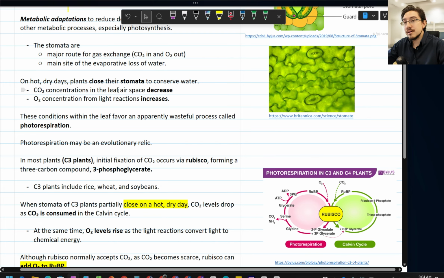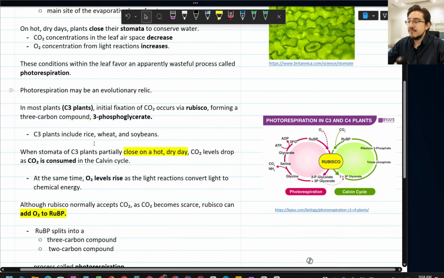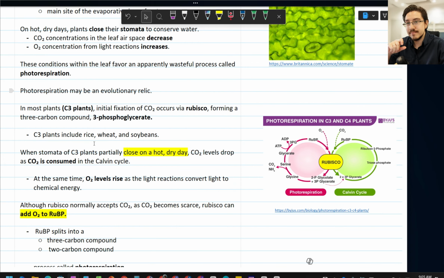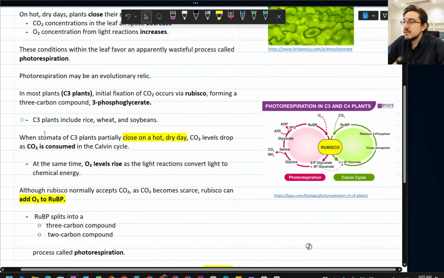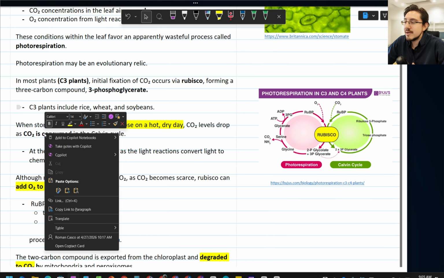At the same time, oxygen concentrations from the light reactions increase. These conditions within the leaf favor an apparently wasteful process called photorespiration. Scientists refer to this as an evolutionary relic, or evolutionary baggage.